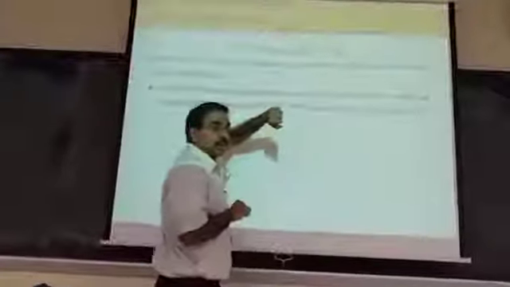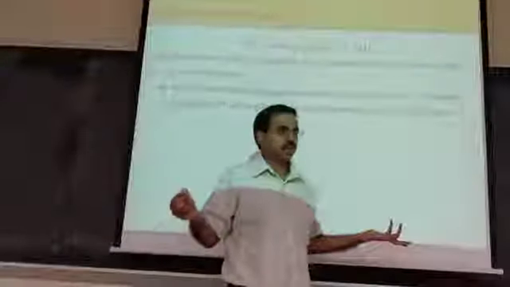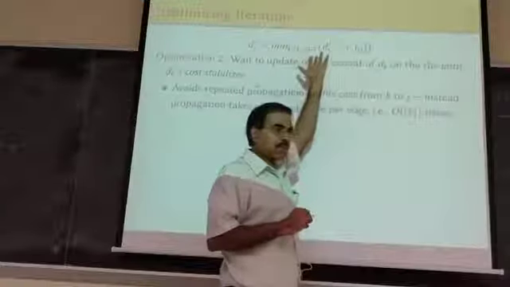So the way the equation works is that it keeps updating dj based on dk. And what if the dk value hasn't converged? Then you're using this equation to update dj many times.